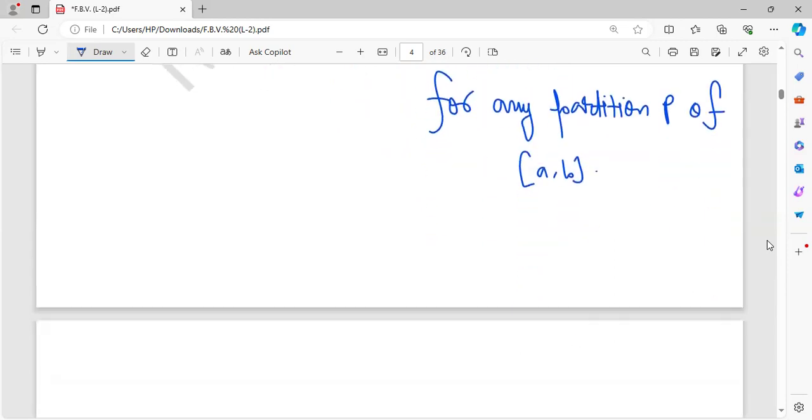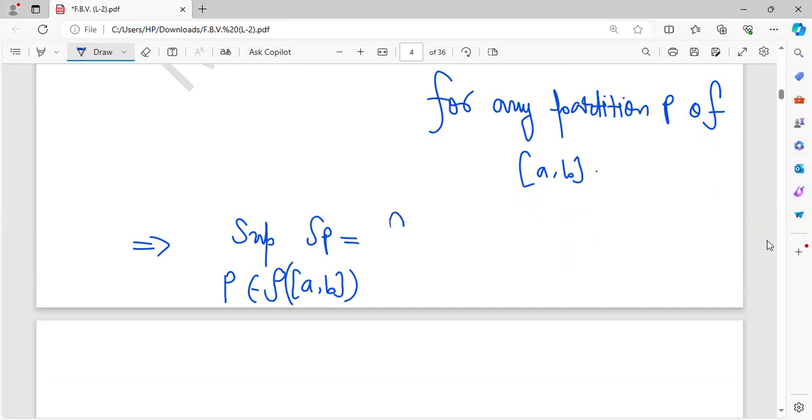Now this implies the supremum of SP taken over all the partitions is nothing but FA minus FB.